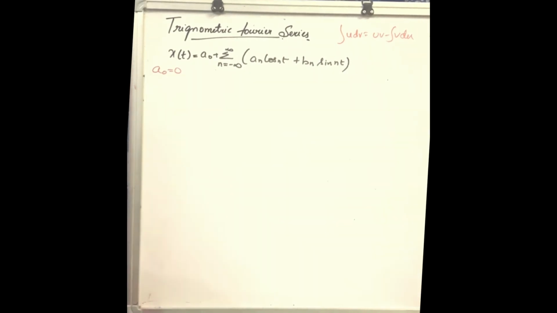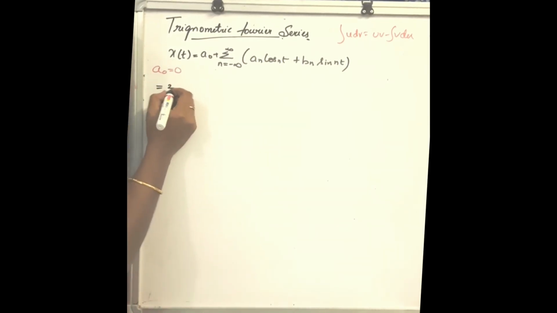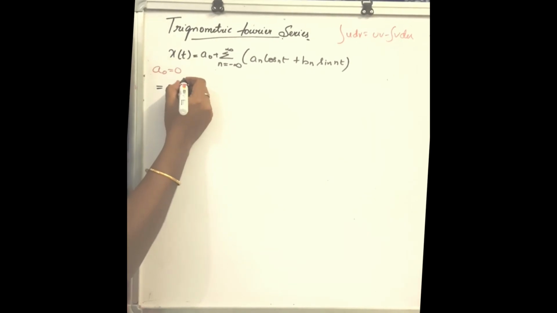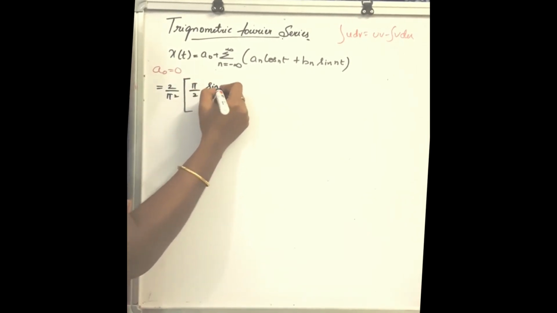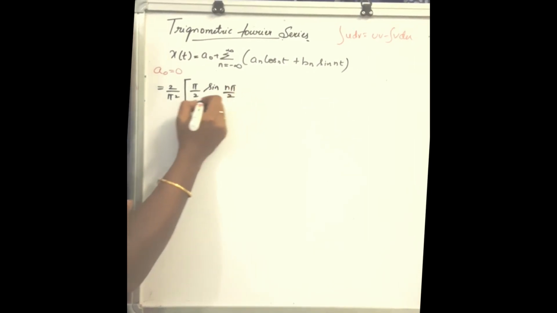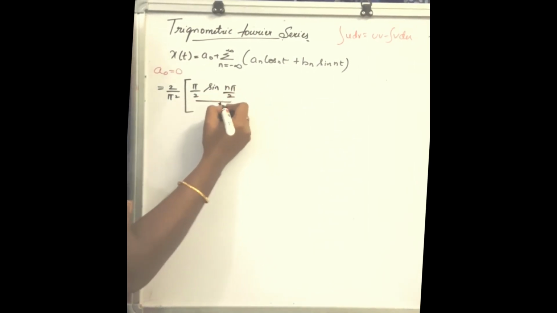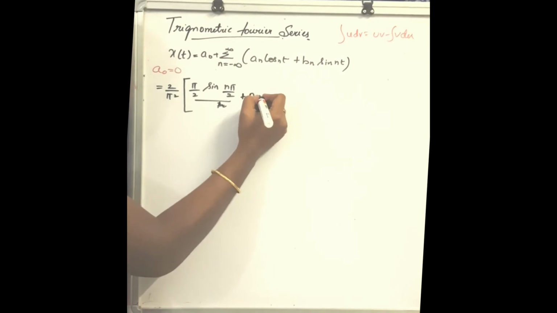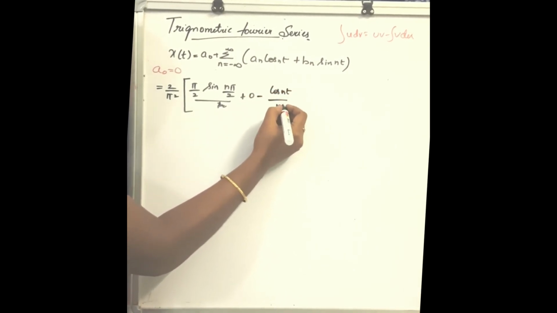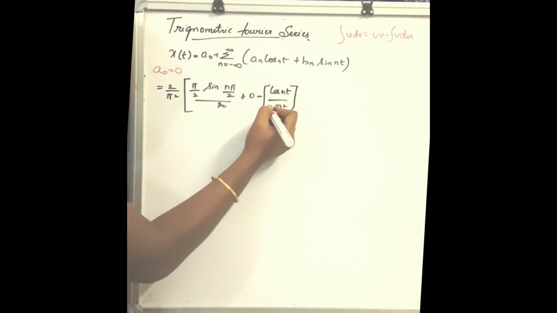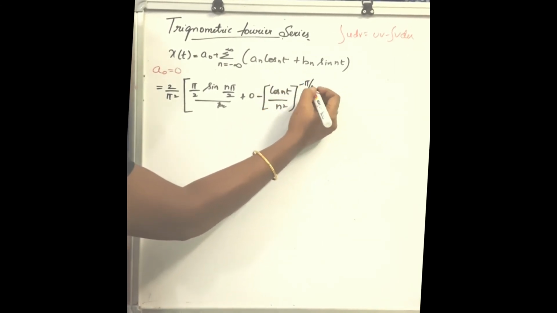Further simplifying, we get 2 by pi square, pi by 2 sine n pi by 2 by n, plus 0, minus cos nt by n square, for the limit minus pi to minus pi by 2.